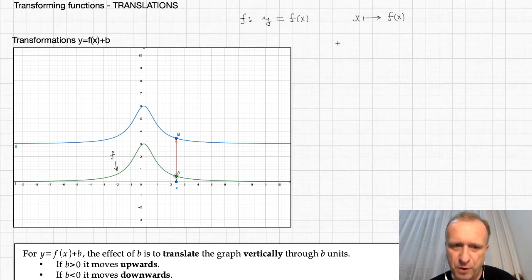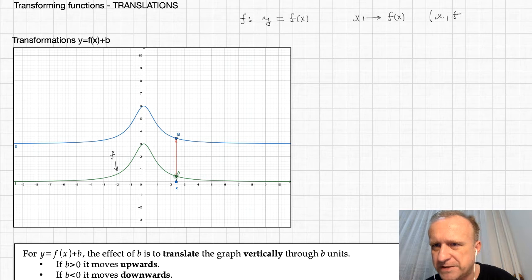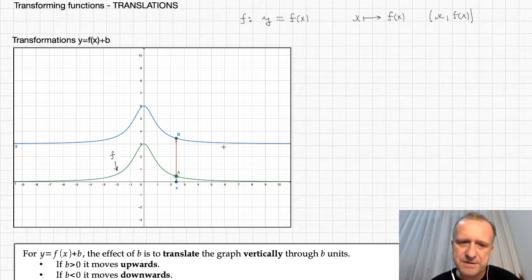And if you want to plot it on the graph, you create the point with coordinates x and f of x in the plane, and this is your point A in my particular example here. So point A on the graph has coordinates x and f of x.